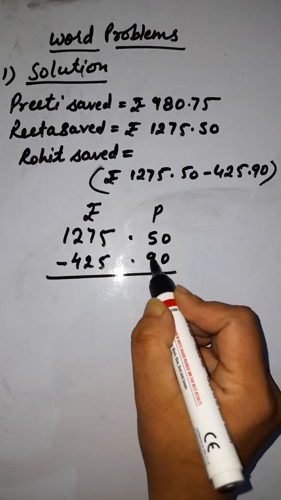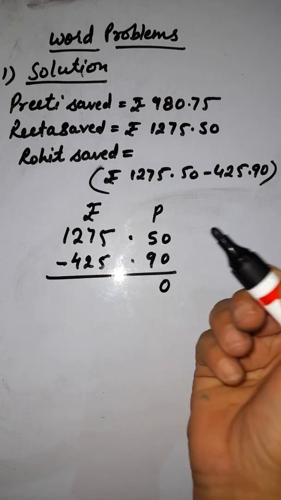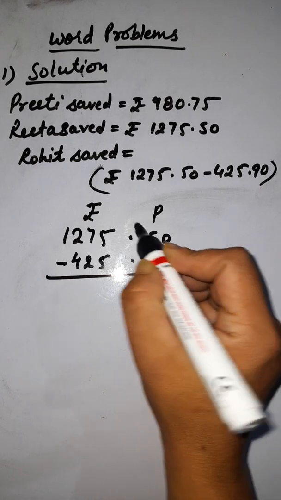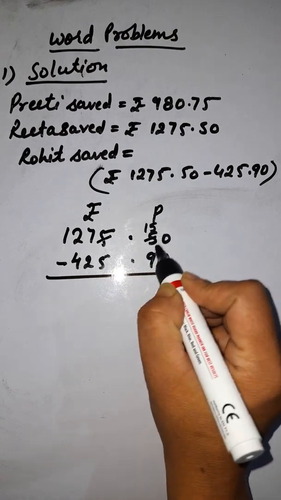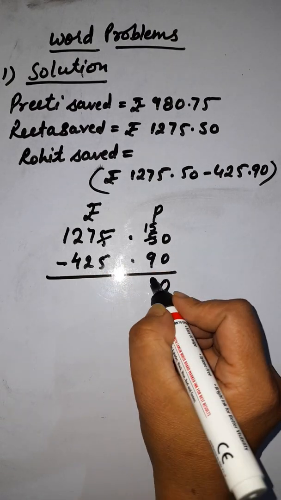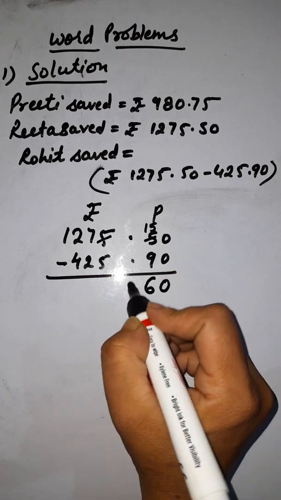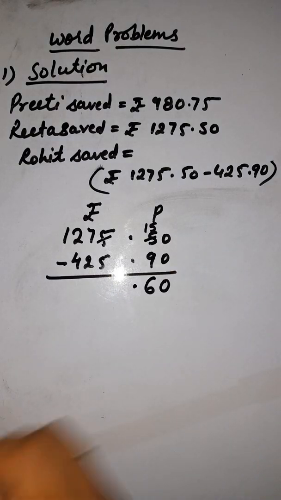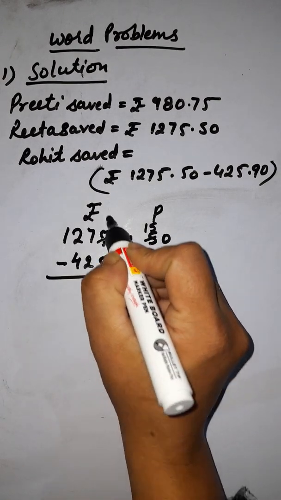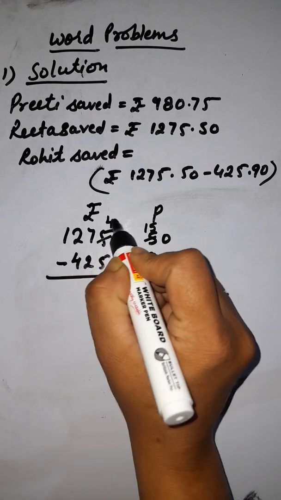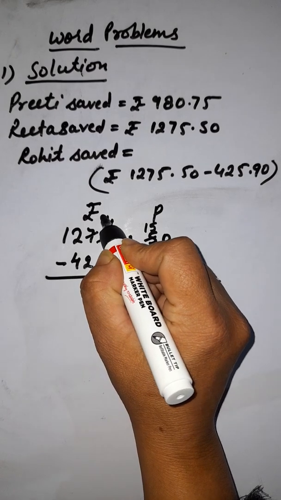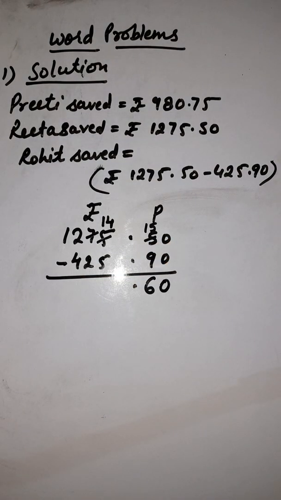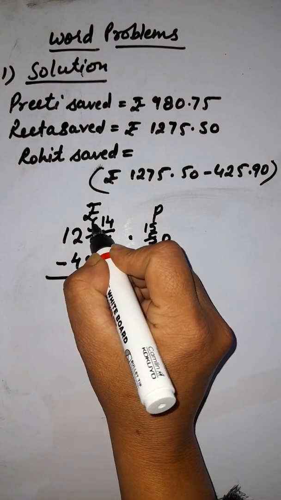0 minus 0, 0. 5 is smaller than 9. So it will take 1 borrow from here, become 15. 9 from 15 will get here 6. And the decimal point will be written here. And here 5 will become 4. Now 4 is also smaller than 5. Now it will take 1 borrow from this side. It will become 14, and here 6.